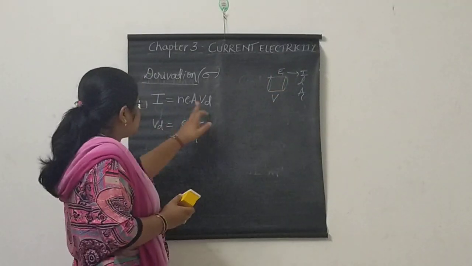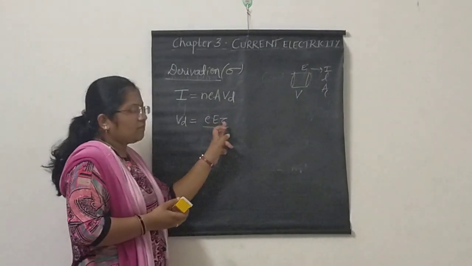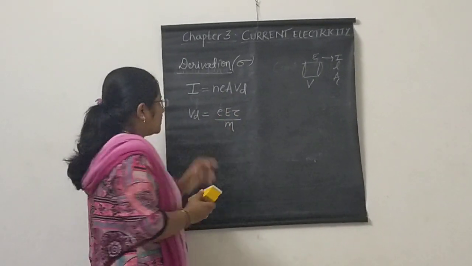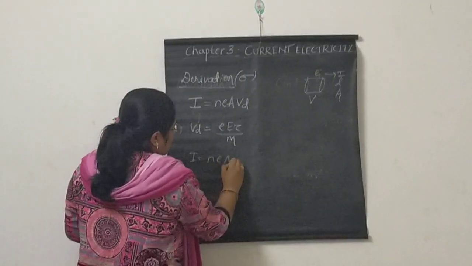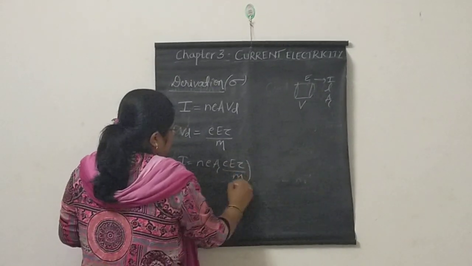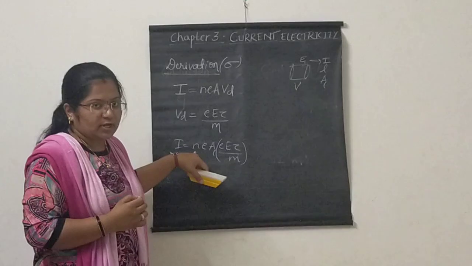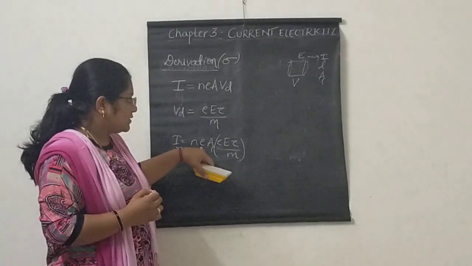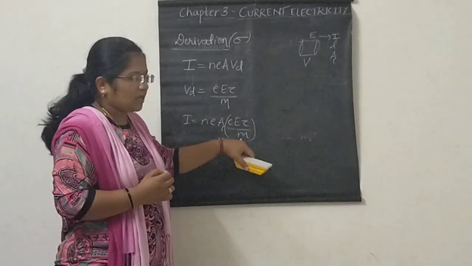In this expression I replace VD by E tau divided by M, so the expression becomes N E A E tau divided by M. Here N is the number of free electrons per unit volume, E is the charge of the electron, A the area, E the electric field, tau the relaxation time and M the mass of the electron.